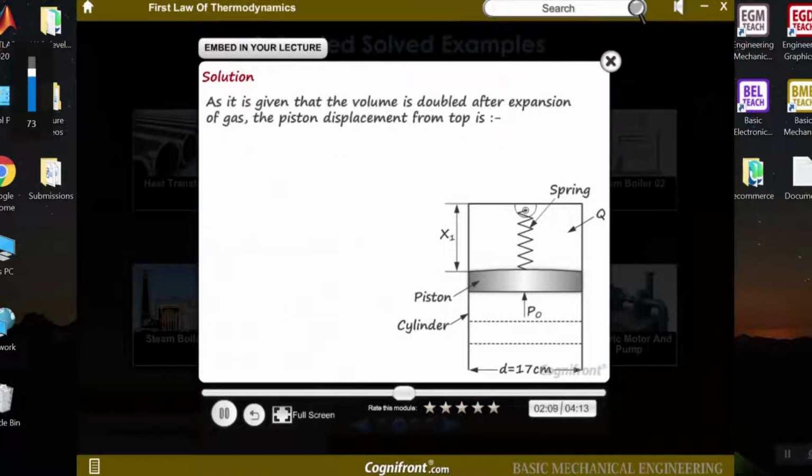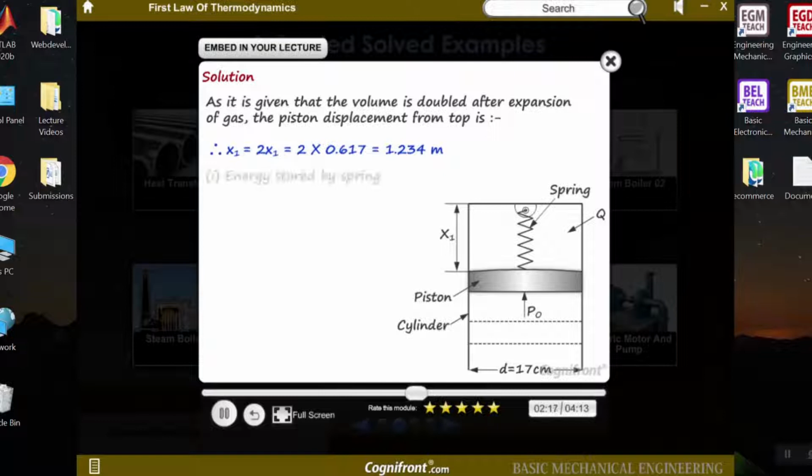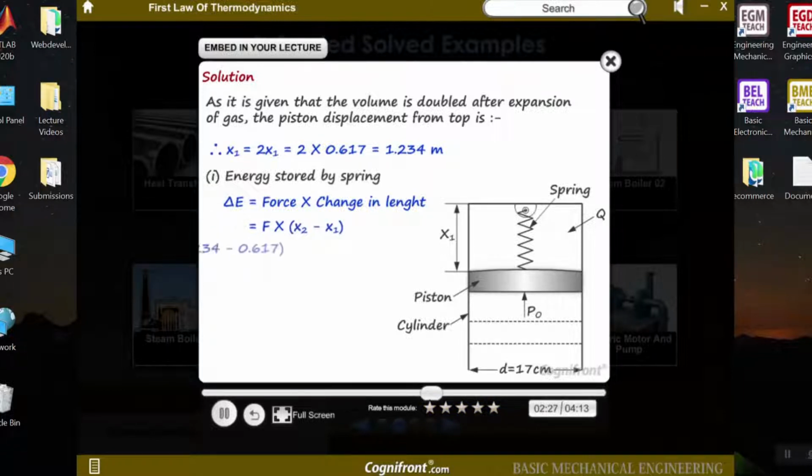Given that the volume is doubled after expansion of gas, the piston displacement from top is the energy stored by the spring is calculated as the product of force and the change in length. Therefore, we get energy stored is equal to.